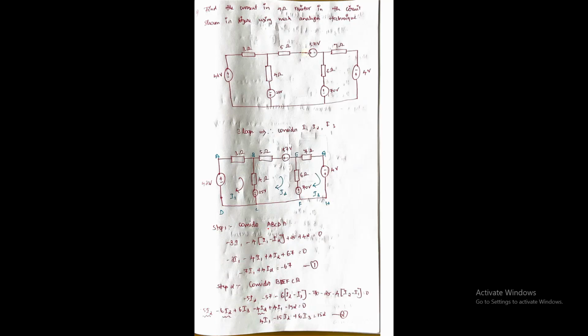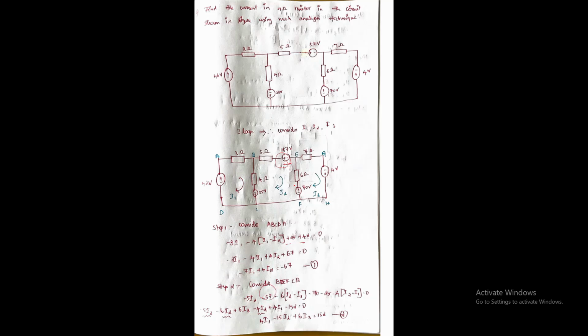Here the current flows from plus to minus, which means the indication will be negative. Where it was minus to plus we indicated a positive sign, but here it is plus to minus, so minus 57 in this equation.